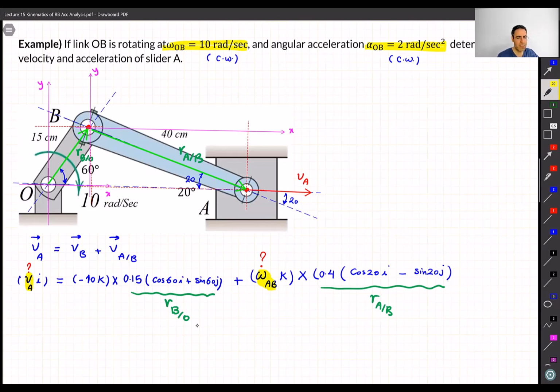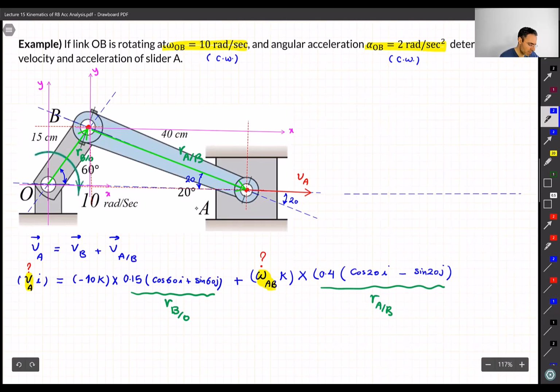So VA is easy. Everybody agrees that VA is moving on this horizontal line. So what I will do then, I will draw a horizontal line somewhere on my page here, and I'll keep in mind that this is showing my VA direction.